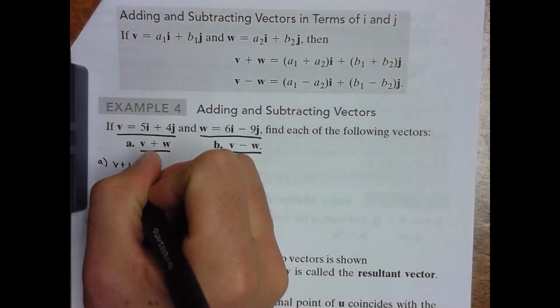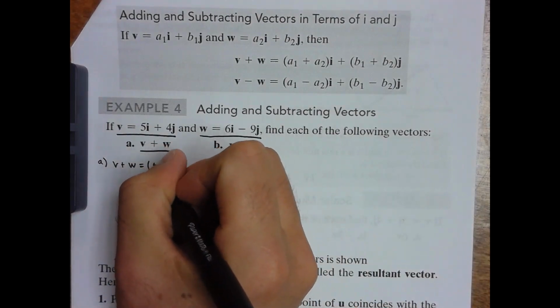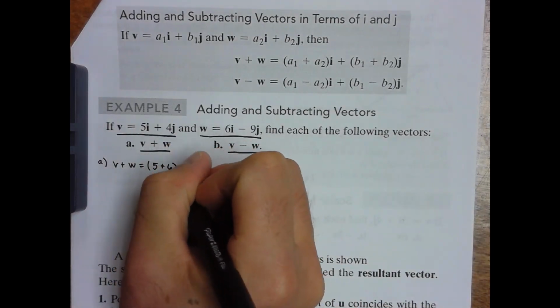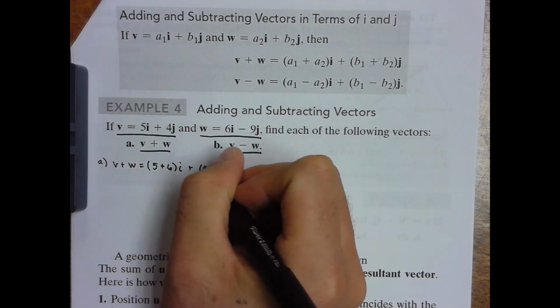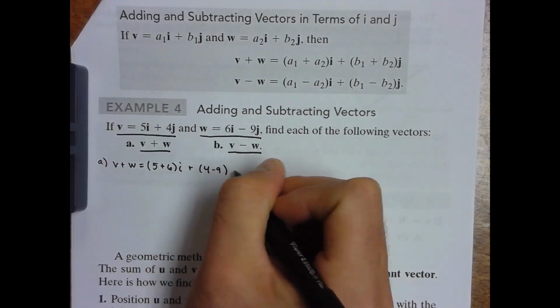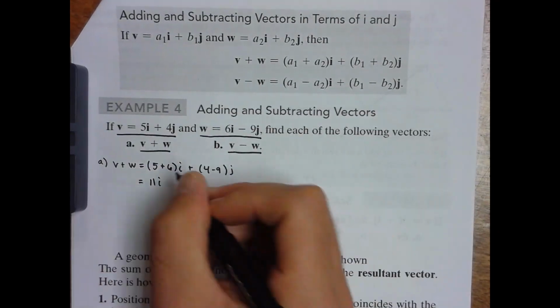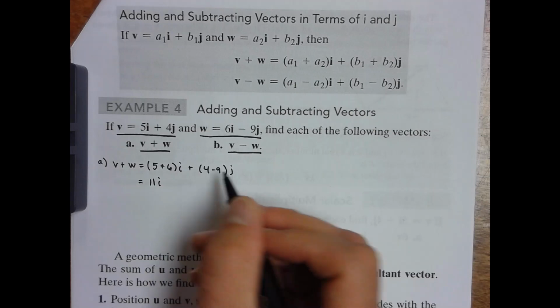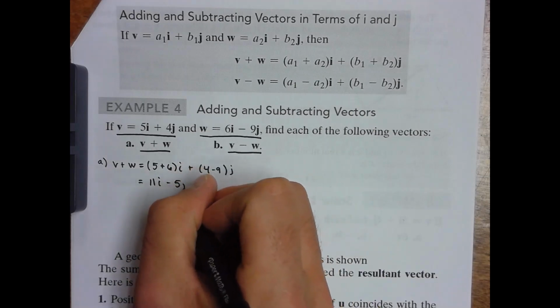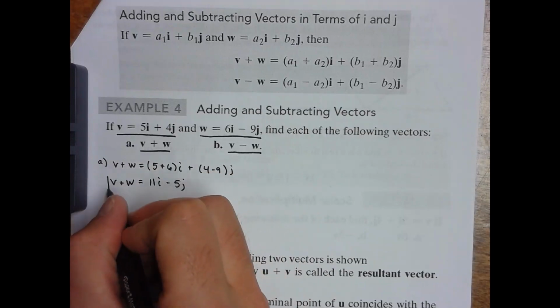So v plus w is equal to the horizontal components together, 5 plus 6i, plus 4 minus 9j, which is 11i, and then 4 minus 9 is minus 5j. And that is vector v plus w, all done.